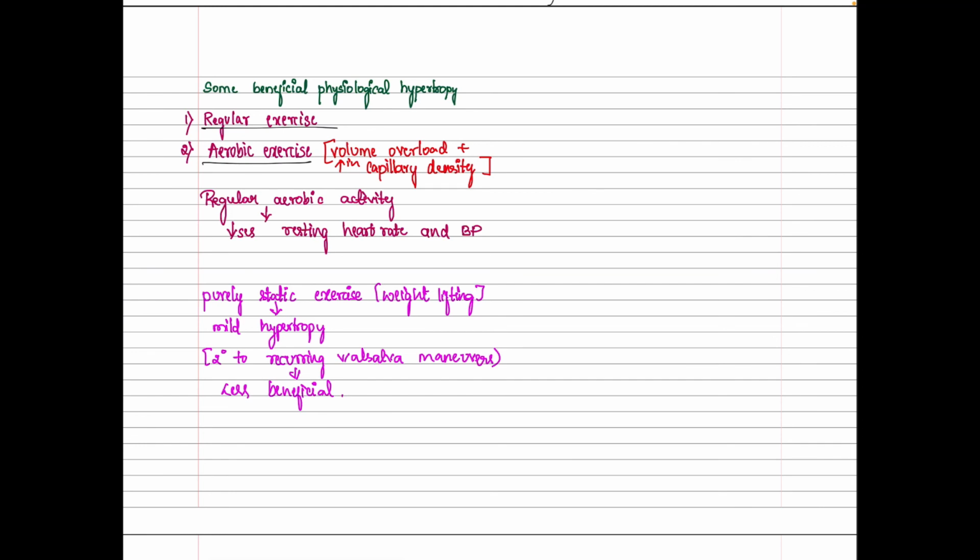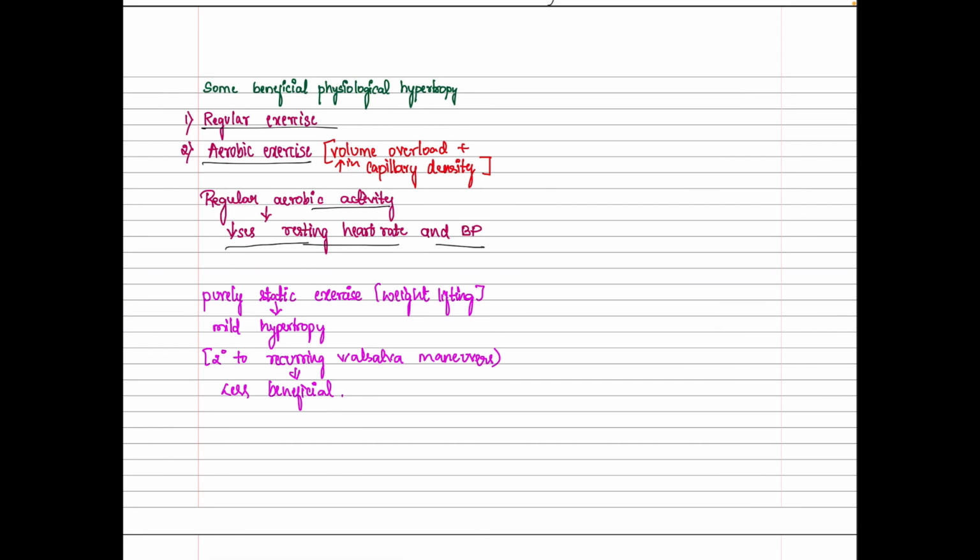Unlike in pathological hypertrophy, where there will not be an increase in capillary density, in physiological hypertrophy there will be an increase in capillary density. That is why aerobic exercise is suggested for hypertension patients, and regular aerobic activity leads to a decrease in resting heart rate and BP.